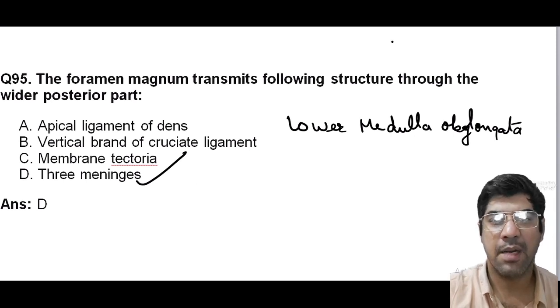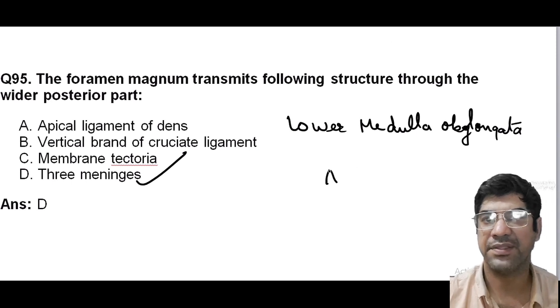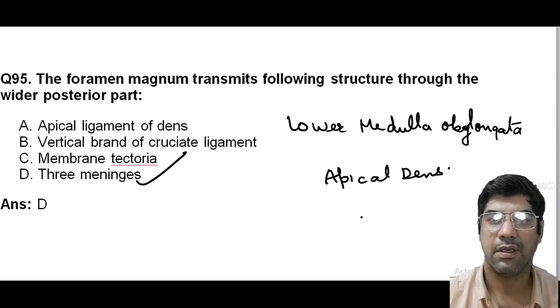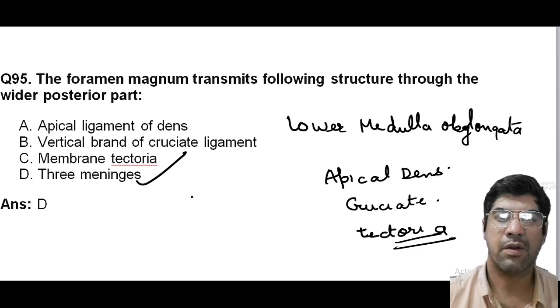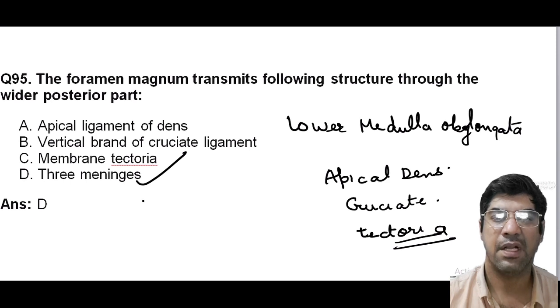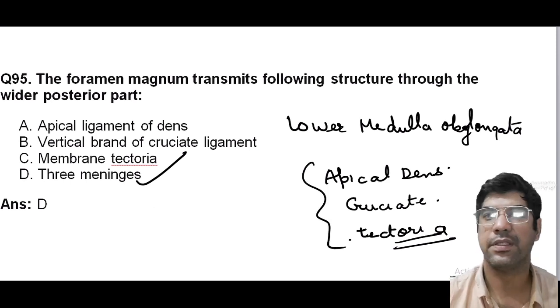From the narrow anterior part, the structures passing are the apical ligament of the dens, cruciate ligament, and membrana tectoria. Through the subarachnoid space, the structures passing are the spinal accessory nerve, vertebral nerves, and sympathetic plexus around the vertebral arteries.